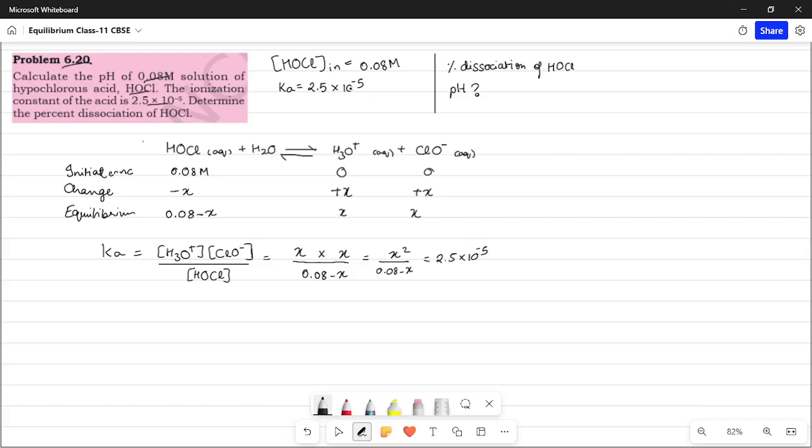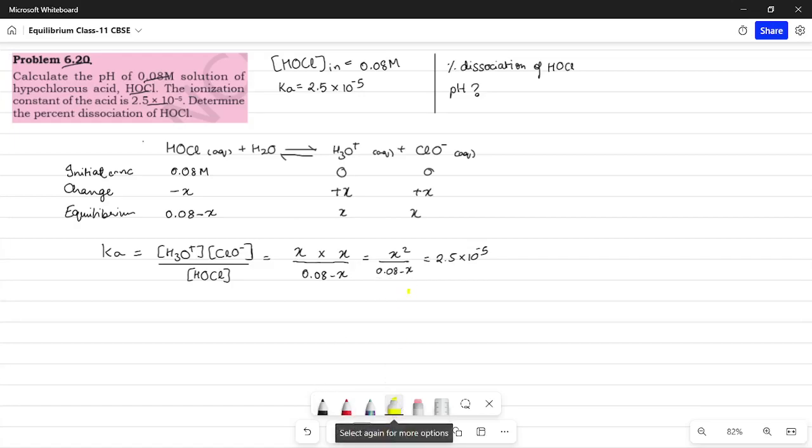Now, the value of X at this place is especially less significant. The value of this X is not very significant, and the reason is that in comparison to the initial concentration of HOCl, which is 0.08, the amount that is dissociated is significantly less.